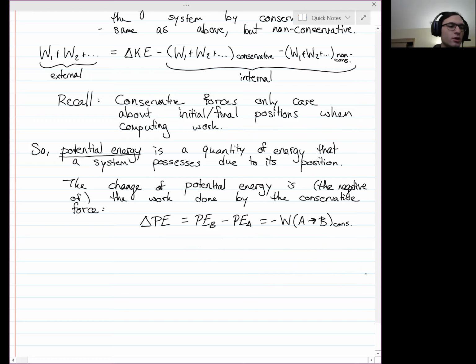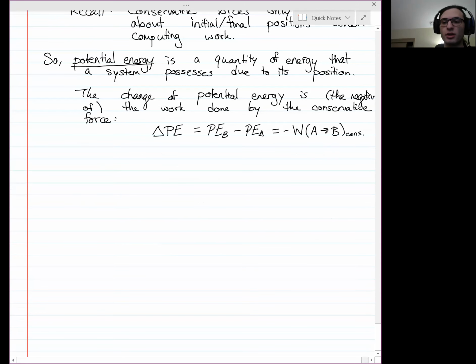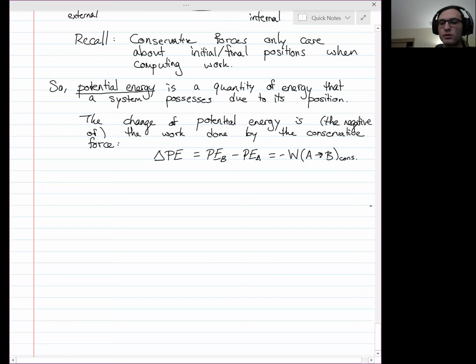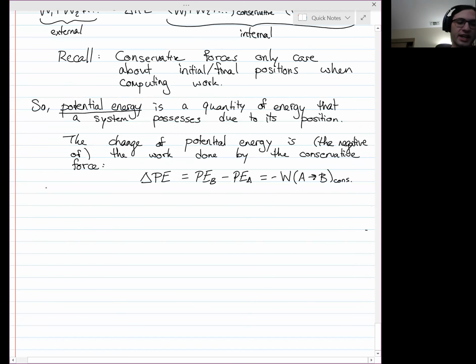A consequence of this definition is that there is a form of potential energy, whether it's gravitational or spring or whatever, for every conservative force.